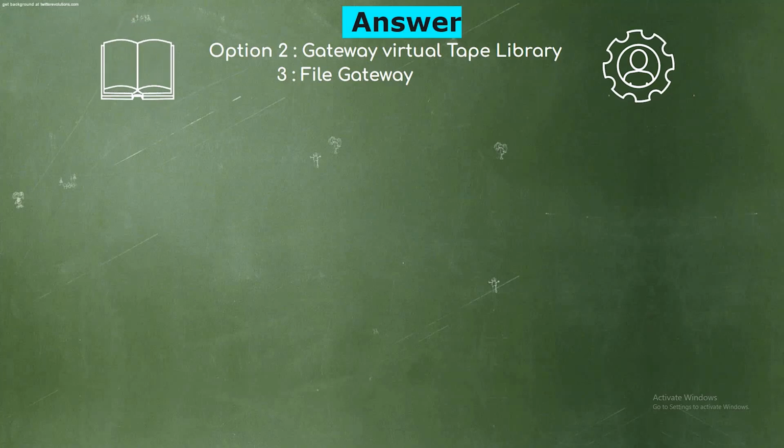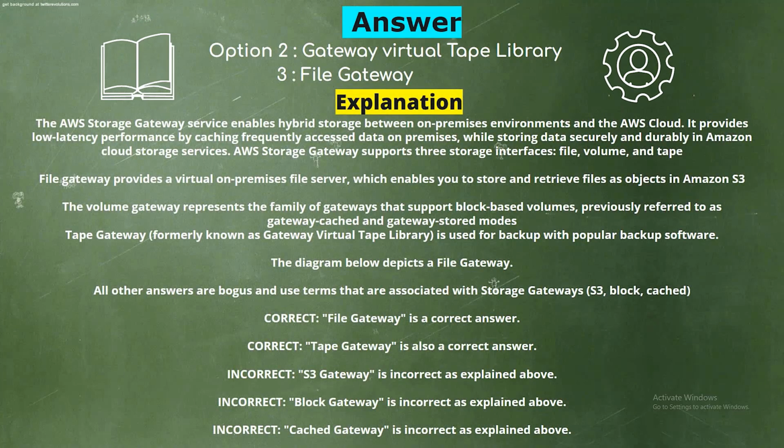File Gateway. Explanation. The AWS Storage Gateway service enables hybrid storage between on-premises environments and the AWS cloud. It provides low latency performance by caching frequently accessed data on premises, while storing data securely and durably in Amazon Cloud Storage Services. AWS Storage Gateway supports 3 storage interfaces: File, Volume, and Tape.